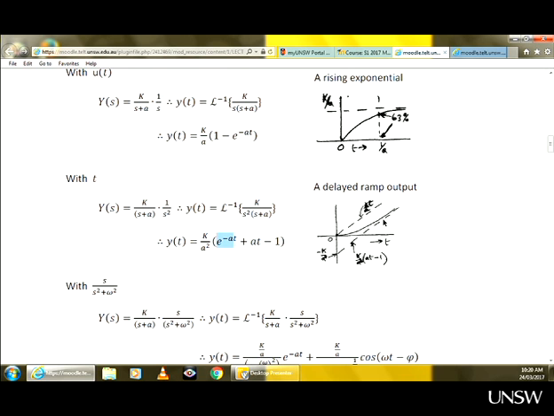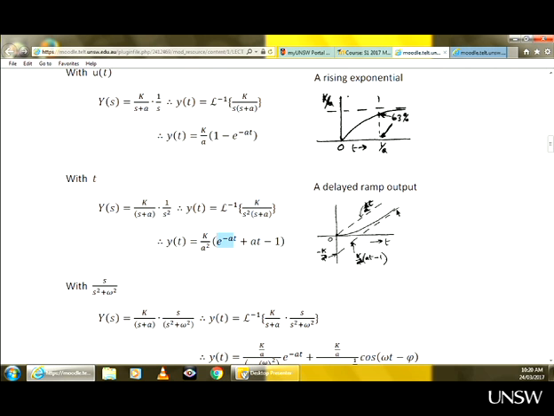And because of this exponential term here, we actually have finally our response looking like this. Starting from 0 and then asymptotically approaching the straight line. So at infinity, the output will be a straight line as well as the input. We applied an input to be a ramp function, a straight line.